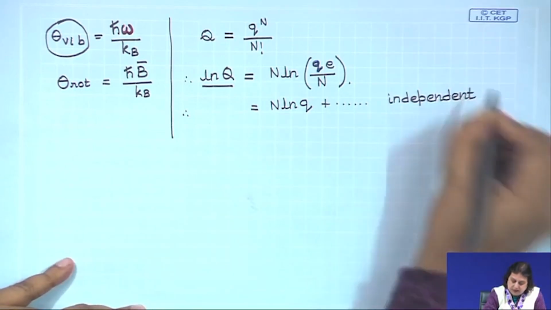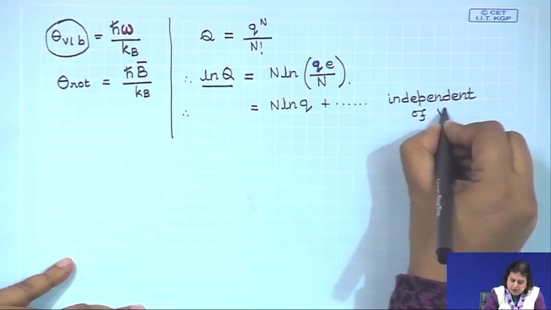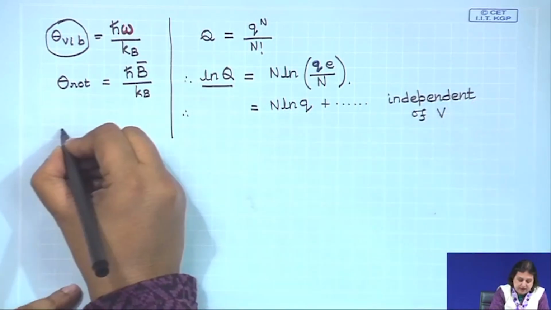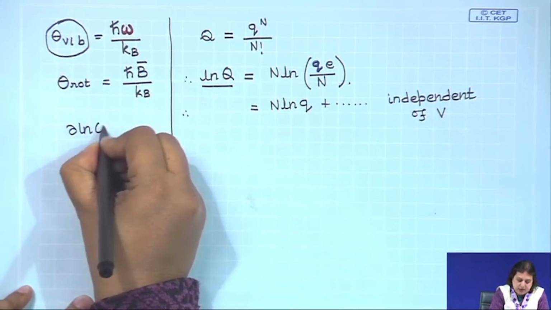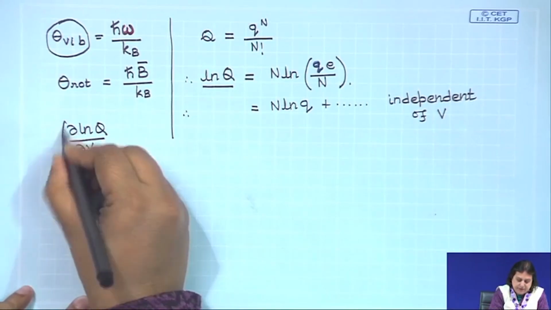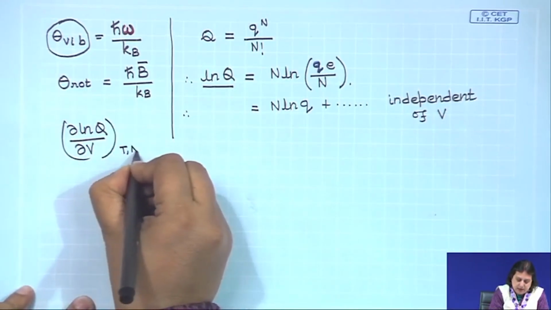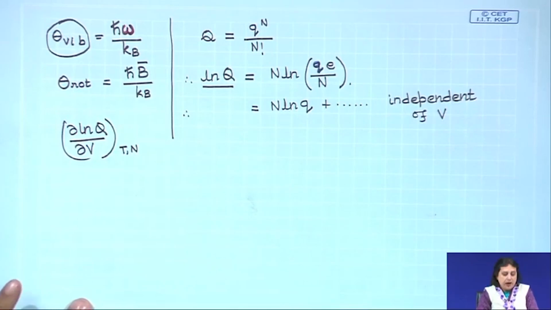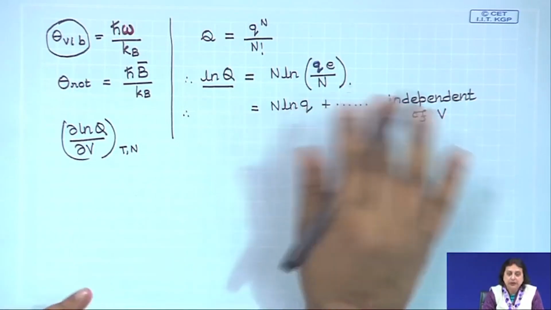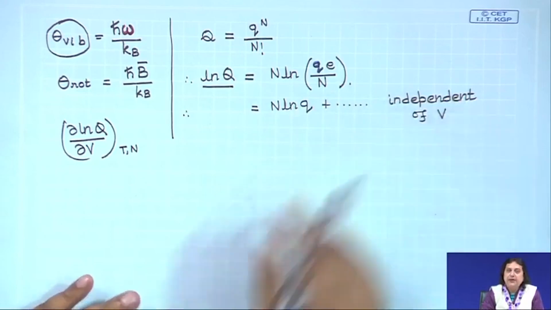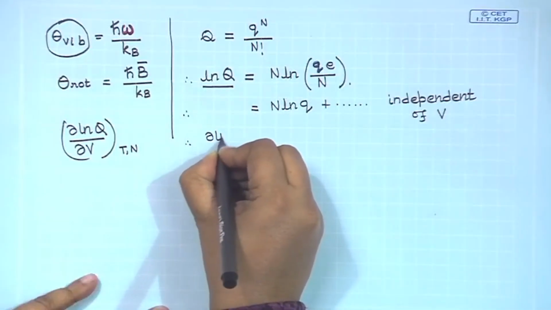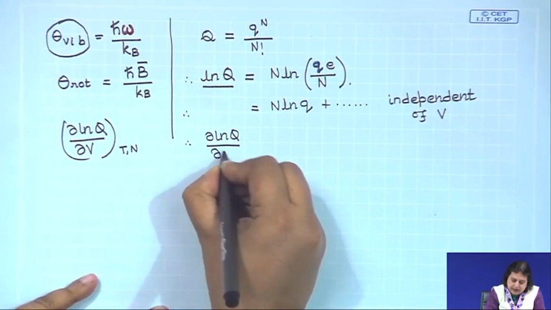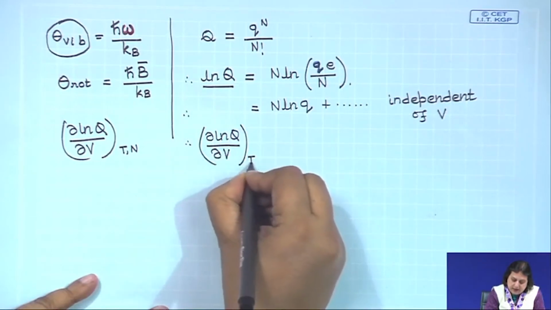Please remember that we are going to take this derivative as del ln Q del V at constant T and N. So, we are going to dump here all the terms that depend on N, that depend on T, but do not depend on the volume. Now, if I do this, then what is del ln Q del V at T and N?